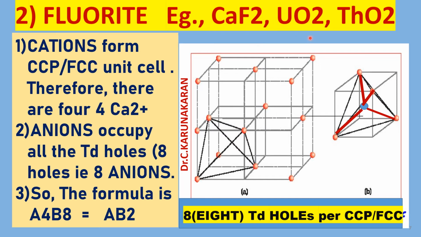Uranium is very big, thorium is also very big. Oxide ions compared to uranium and thorium are very small. Very small sized ions occupy the holes.